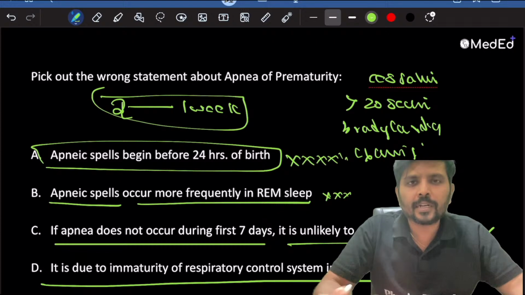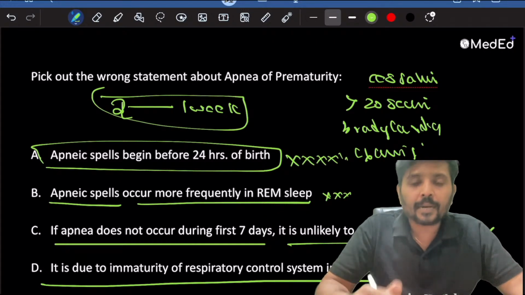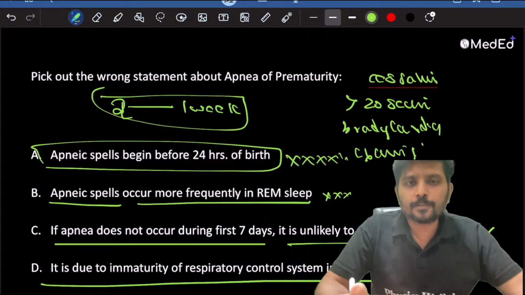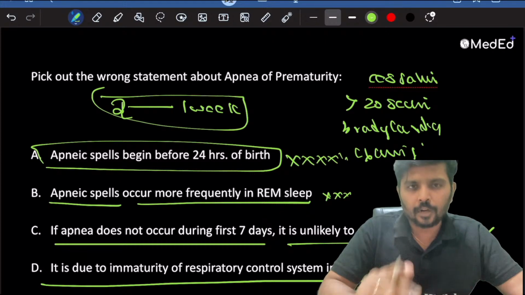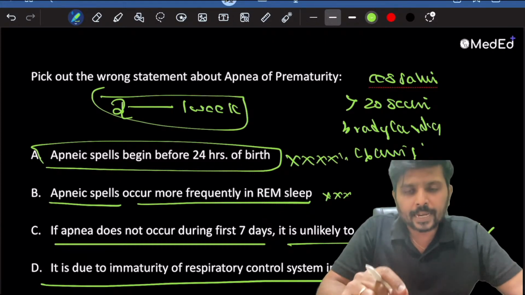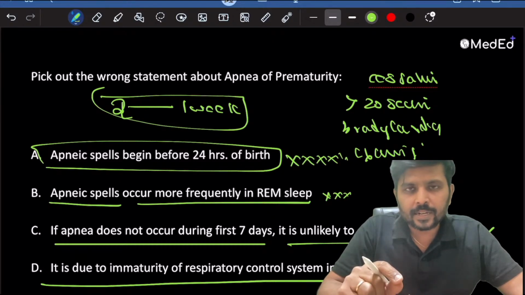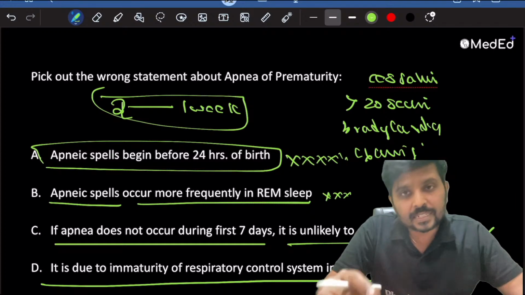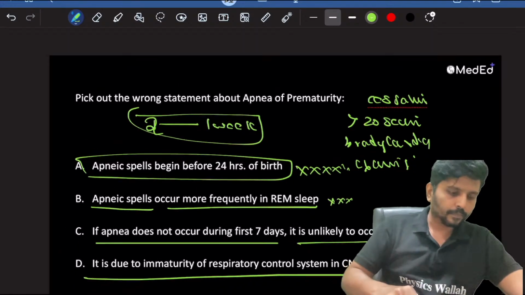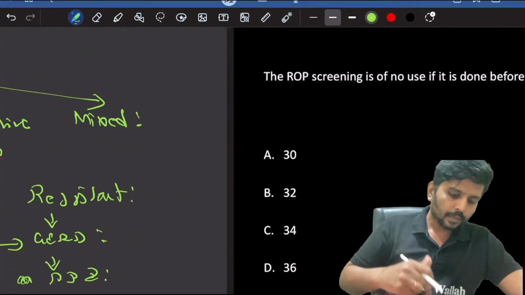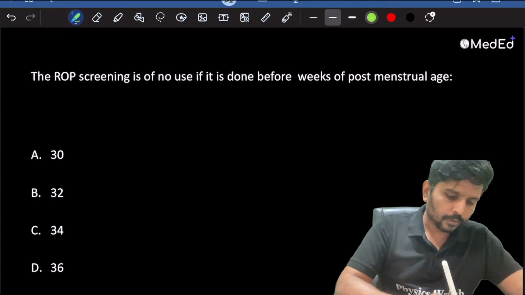That's why tone of the body is reduced in REM sleep. That becomes a problem with respect to apnea of preterm also. So remember, the carry home message is apnea of preterm is unlikely to occur in the first day of life, and if it resolves within 7 days, it is unlikely to occur after 7 days also.